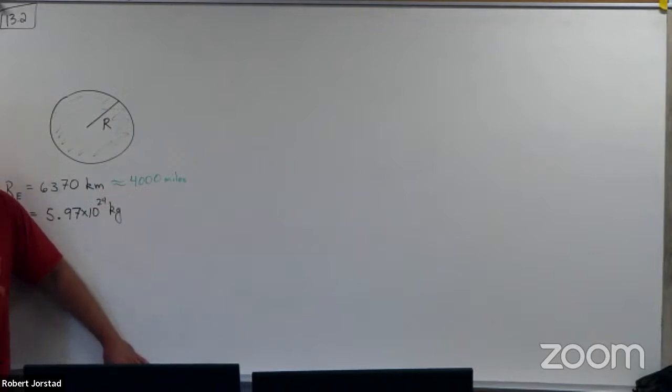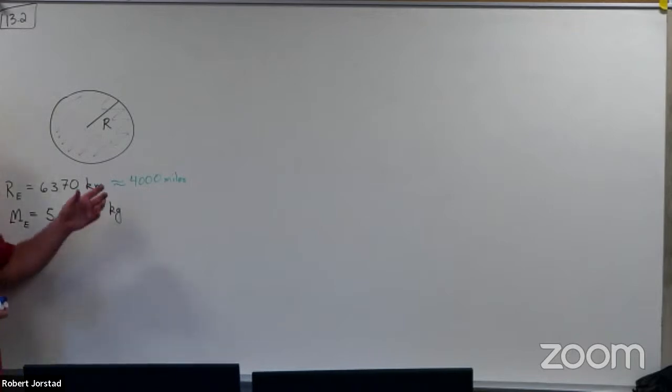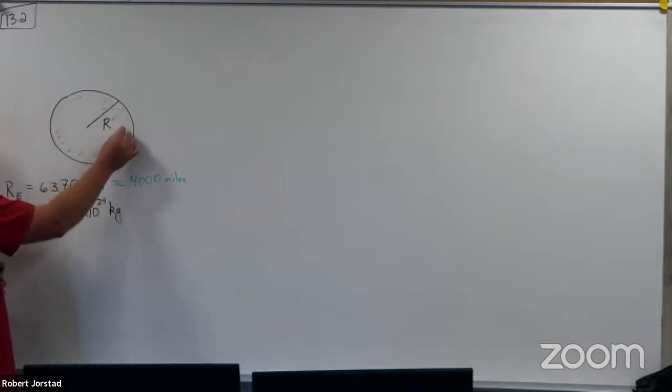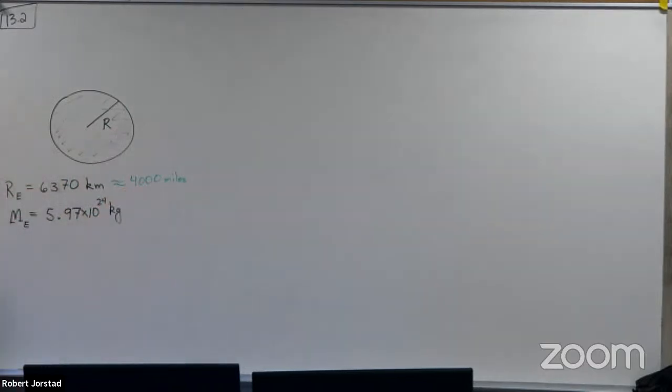Most people think the Earth, if they went out from space, would be as rough as the surface of an orange, but it's more like as smooth as a ping pong ball. So we're going to assume it's super smooth and there's no mountains. At first you're like, that's crazy, but it's actually a pretty good approximation. The actual variation from the highest point to the lowest point is less than 1%. It's a fraction of 1%.